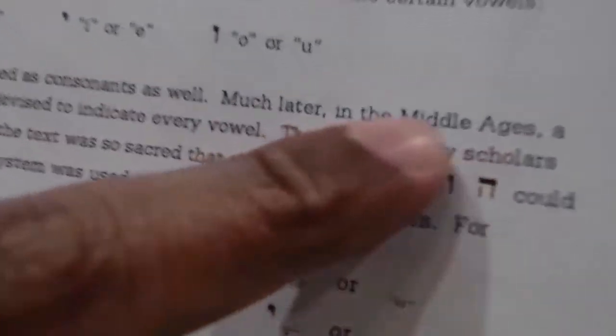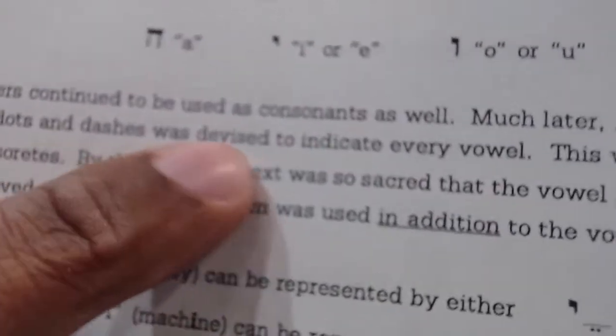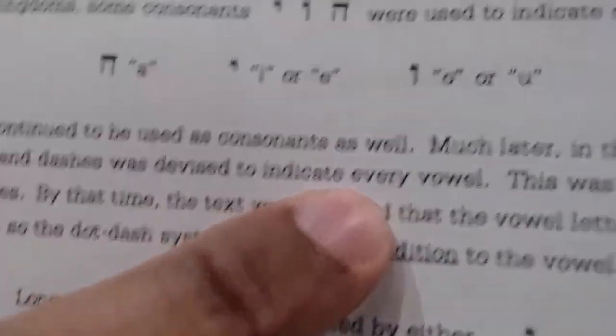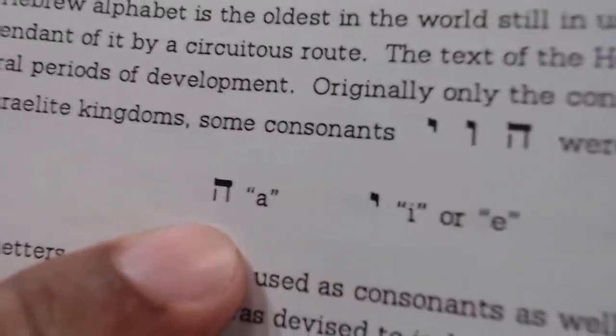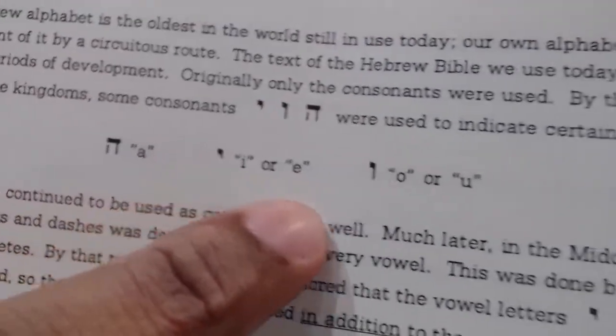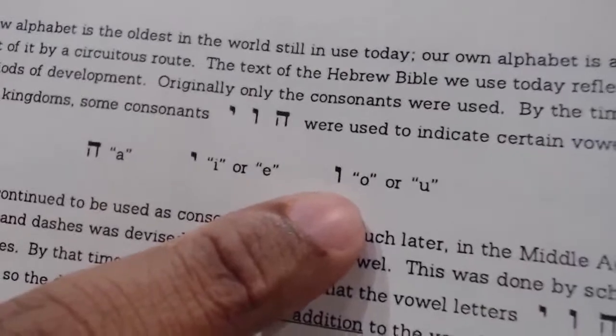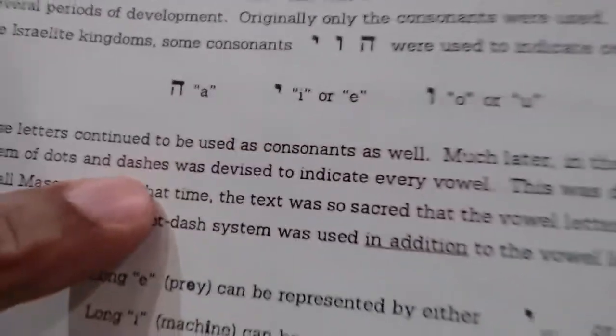In the Middle Ages, a system of dots and dashes was devised to indicate a vowel. So they tried to lean away from this because if you write too many letters on there, it gets a little confusing. They start to use dots and dashes instead.